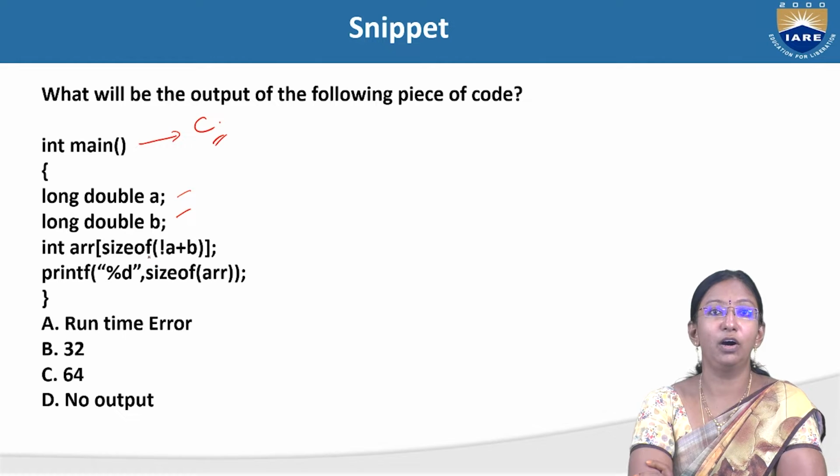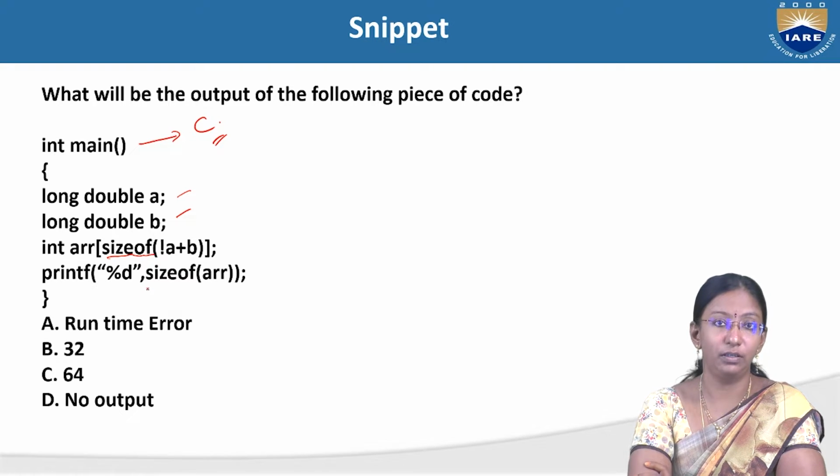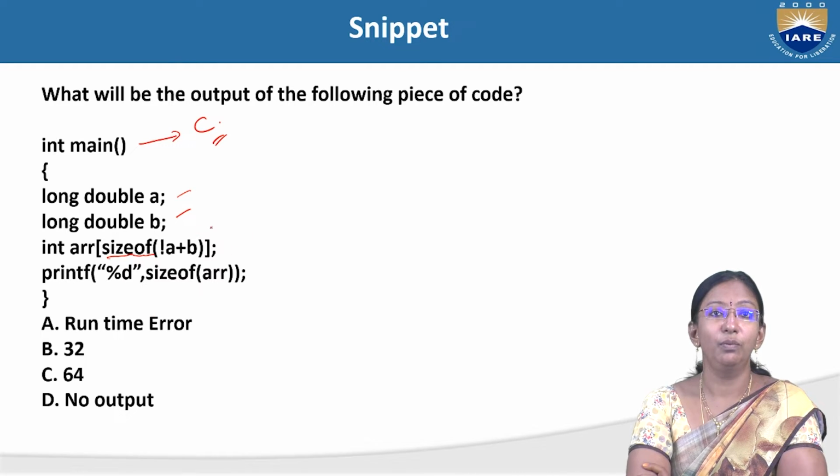Recollect as they are talking about sizeof. The sizeof function is used to get the number of bytes occupied by any pre-declared variable. Whatever the values of A and B are, it is not important, right? The data type of that variable is the only requirement of sizeof.